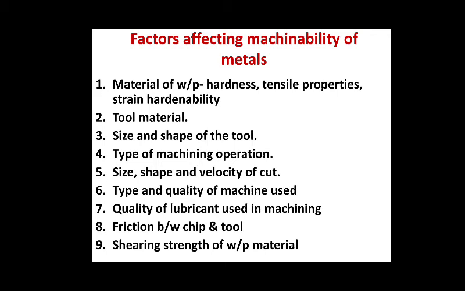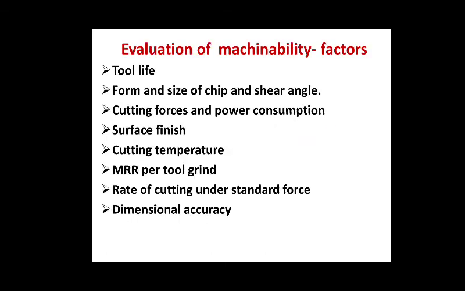Now let us see the evaluation of machinability factors: tool life, form and size of chip and shear angle, cutting forces, power consumption, surface finish, cutting temperature, MRR per tool grind, that is material removal rate, rate of cutting under standard force, dimensional accuracy.